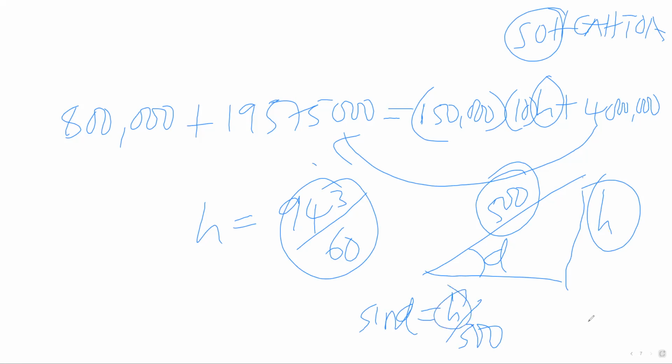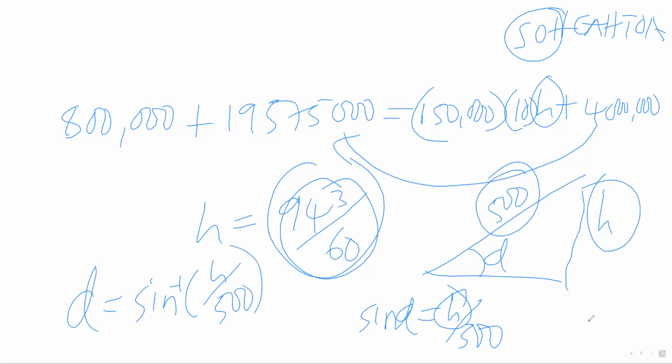So you put your h in, and alpha is equal to sine inverse of your h over 500. Finally, you find your alpha as 1.80 degrees. That's the angle. So we found the answer.